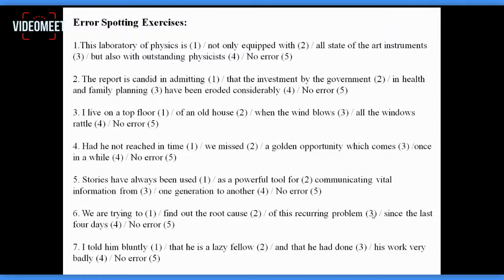Now, you need to understand the correct usage of since and for. When we are talking about a point in time, that is the place where we use since. For example, this shop has been there since 1957.